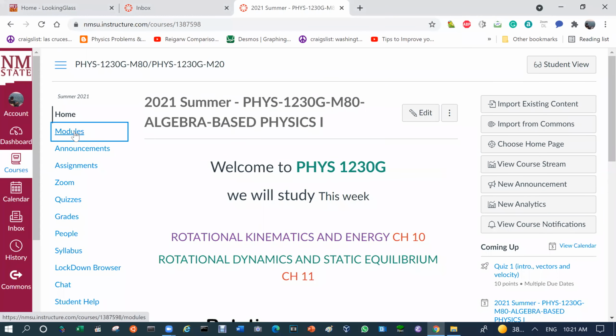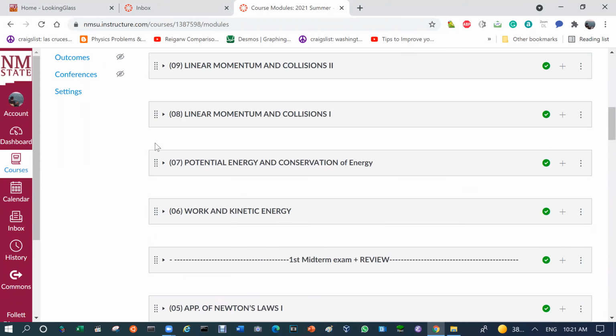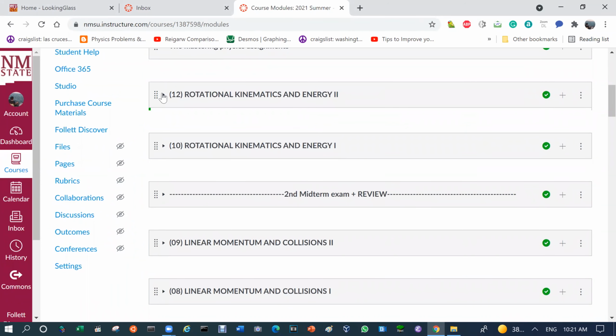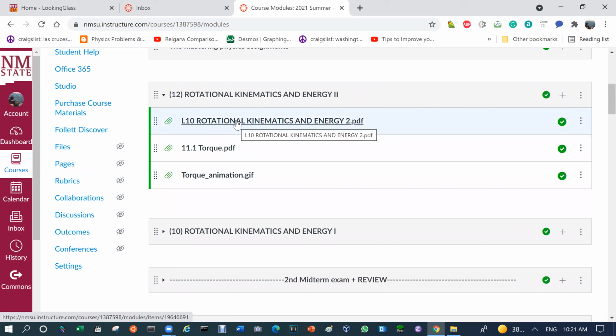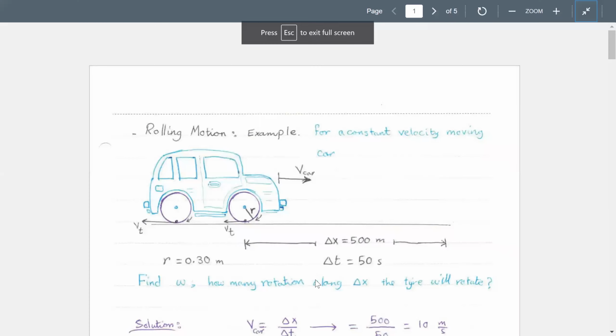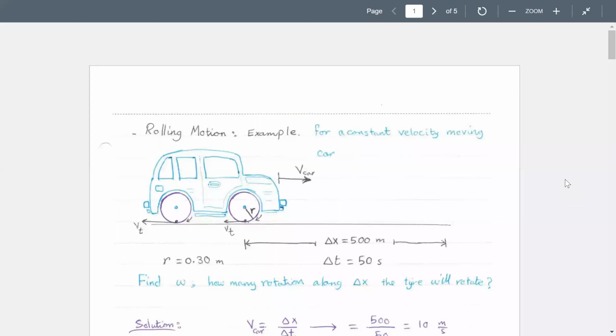Today we will continue the previous lecture material, the rotational motion, and we will start now with the rolling motion.